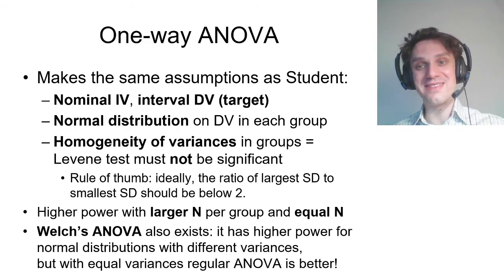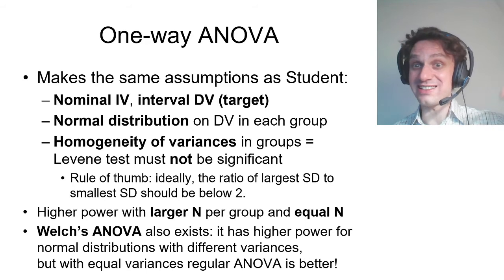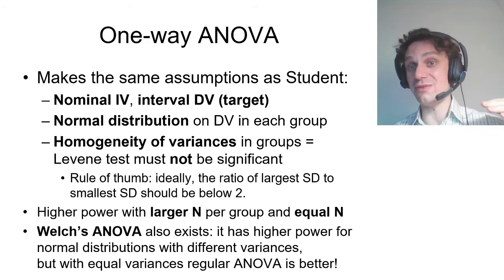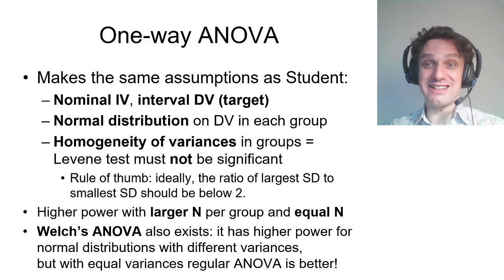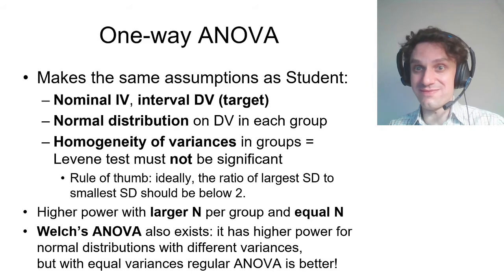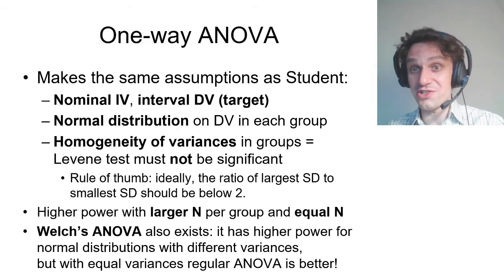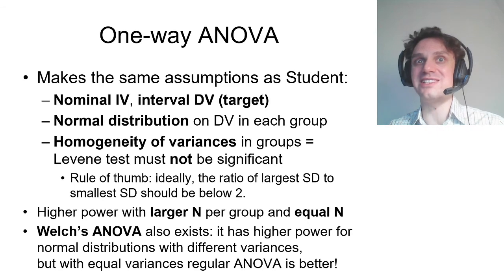But for ANOVA, for equal variances, normal ANOVA is more powerful, and for unequal variances, Welch's ANOVA is more powerful. And of course, your distributions must be normal in any case. If your distribution is not normal, you need to use a Kruskal-Wallis test, the non-parametric alternative.